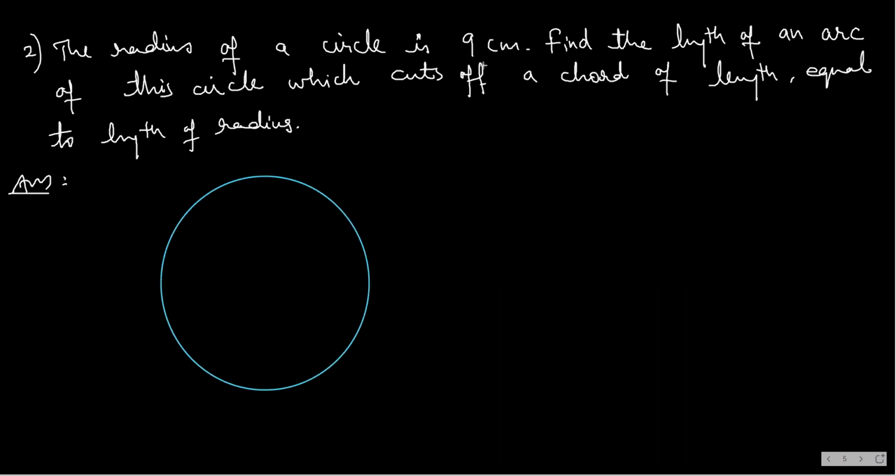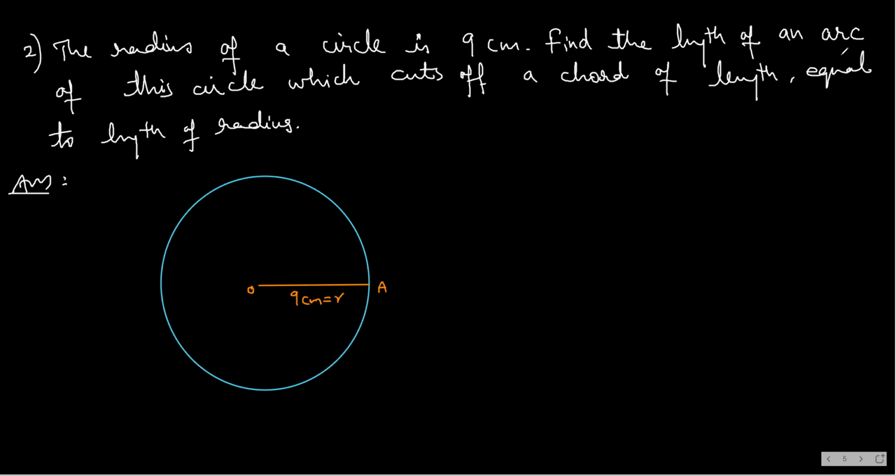See, the radius of the circle is 9 centimeters. So here I have a circle with the radius 9 centimeters. R is 9 centimeter. I write this as O, and here I write as A.